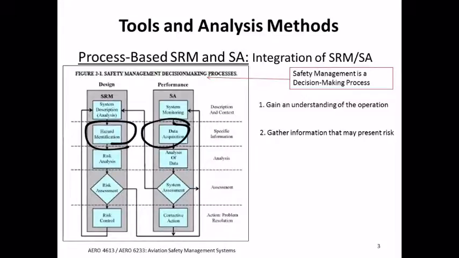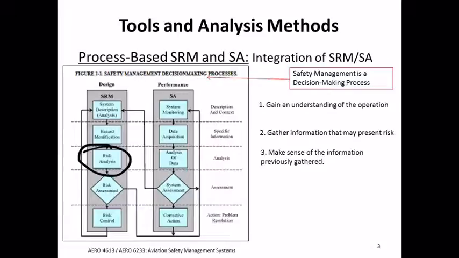After gathering the information, then, we seek to make sense of it. In the SRM component, this means we analyze the risk, quantitatively or qualitatively, but we qualify the severity and the likelihood of an event that would have resulted from the identified hazard.